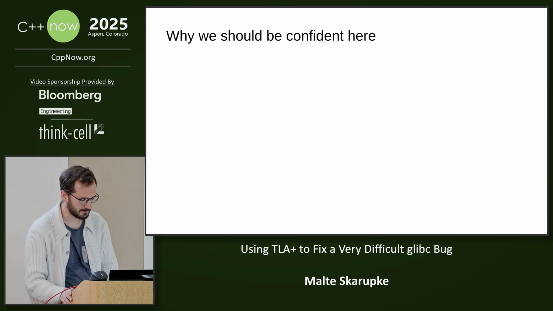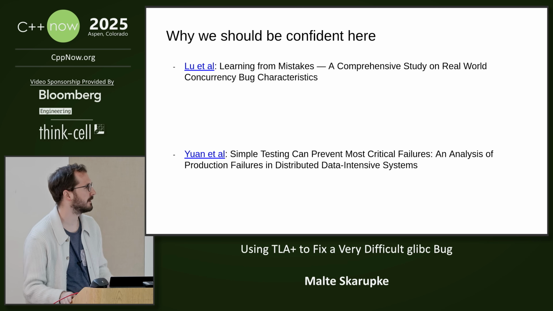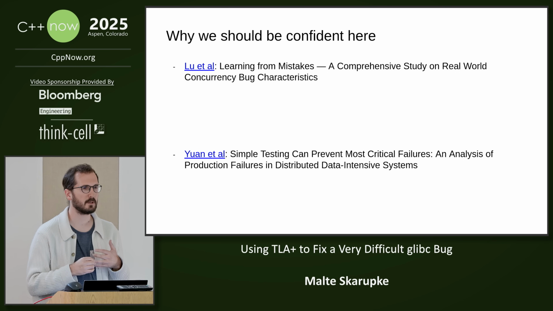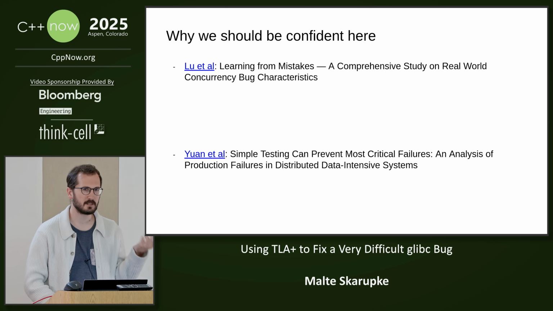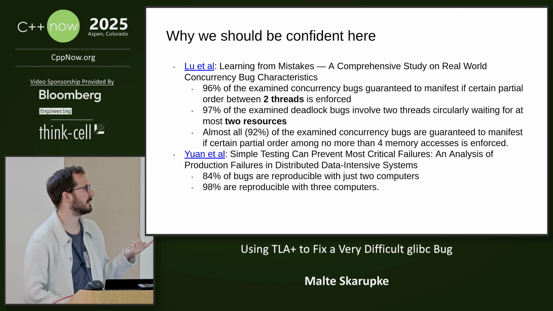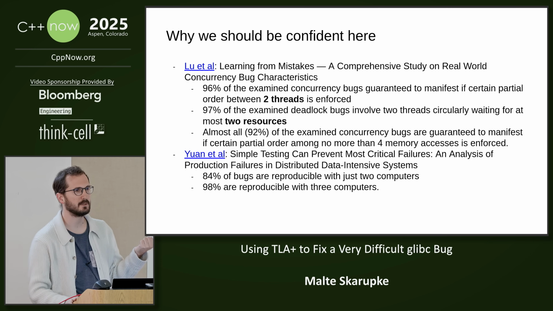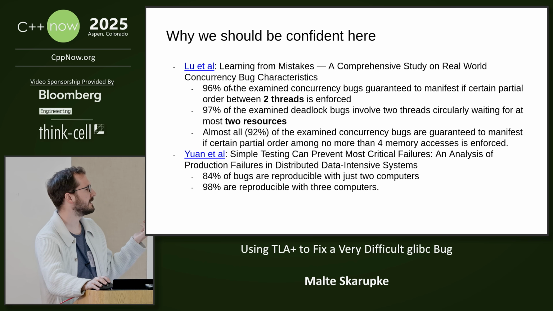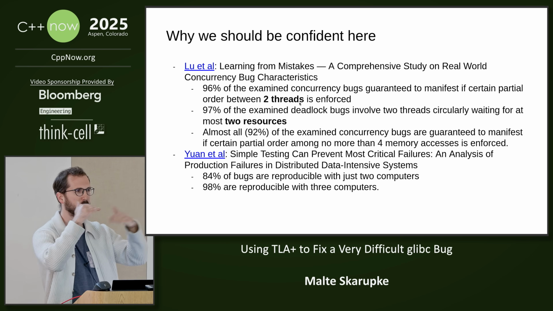But there's other reasons to be confident here. If you look at the literature on multi-threaded bugs, they consistently find the same things, which is that these bugs are really simple if you can control the interleavings. They say 96% of concurrency bugs happen with just 2 threads if you can control the interleaving.